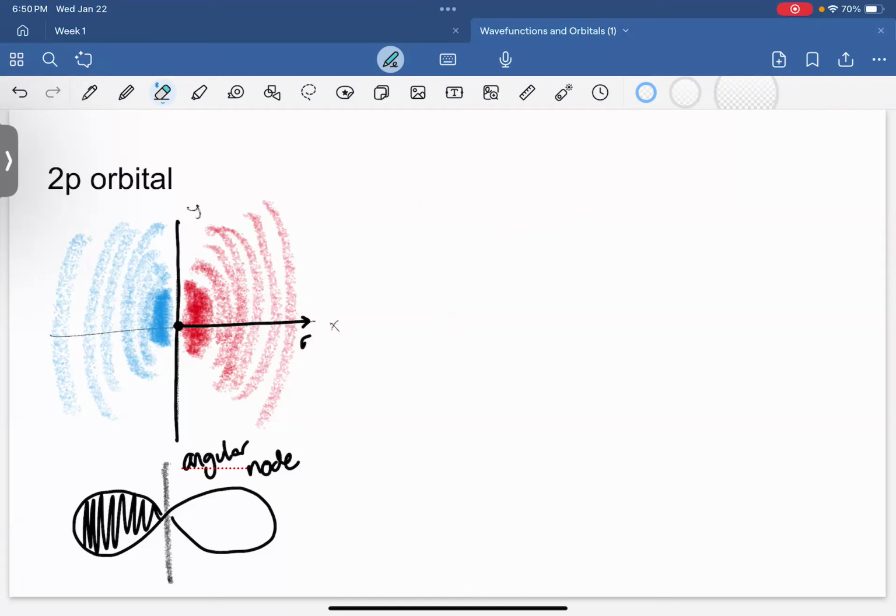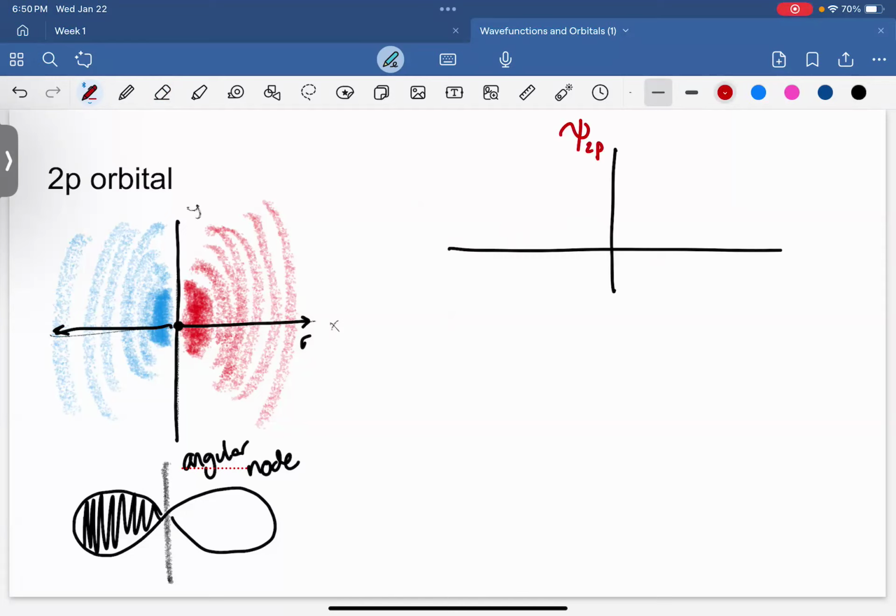We'll go both ways. So we'll show here's 0, here's psi 2p. I'm going to call these x and minus x. At r equals 0, our function is fixed to be 0 because we have a node right here. Right? We're here right now, so we're at a node.